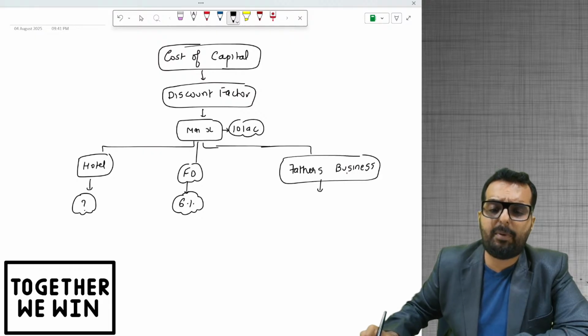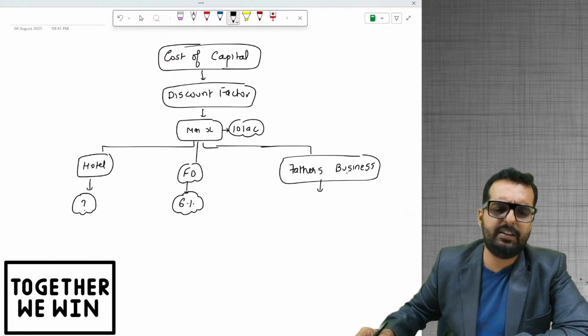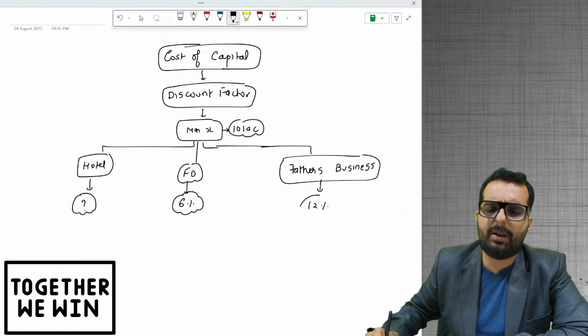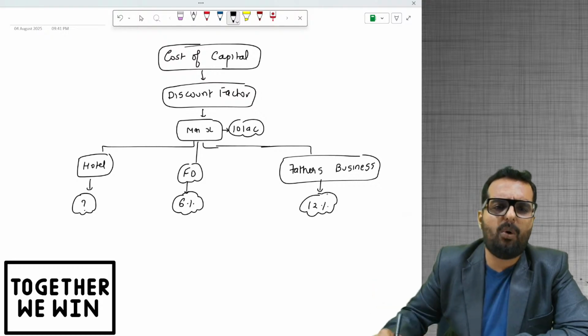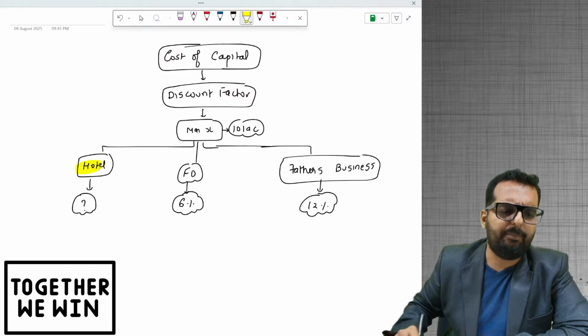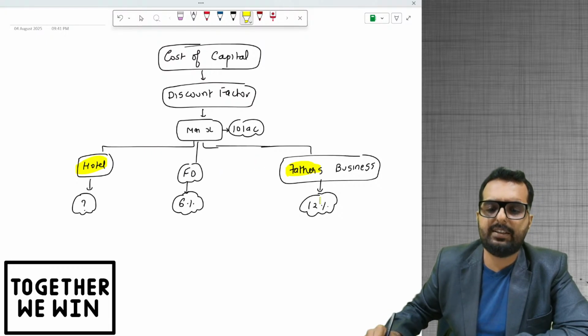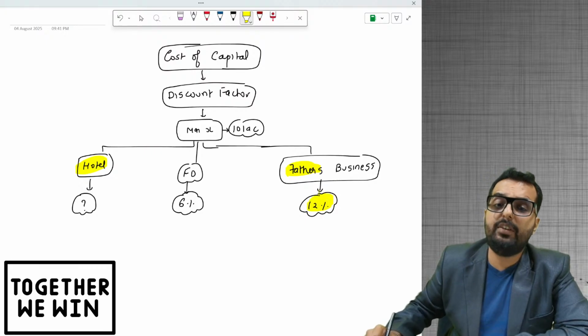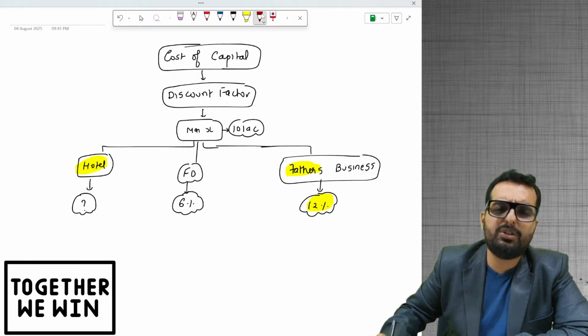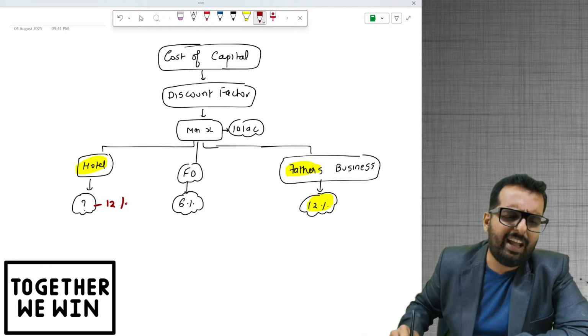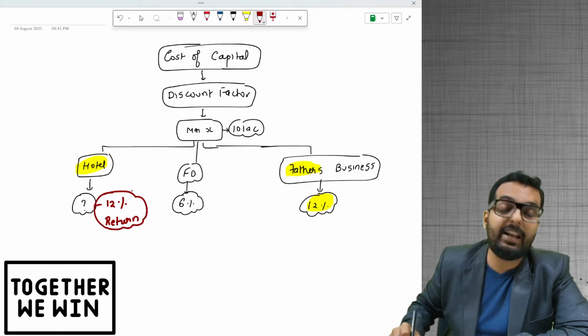If he puts this money in his father's business, he will get at least 12% return. Now, when he compares, which is the best option, FD or father? Father is better. Correct? So he will expect that at least my hotel should give me how much percent return, friends? At least if I get 12% return, only then I will be happy.